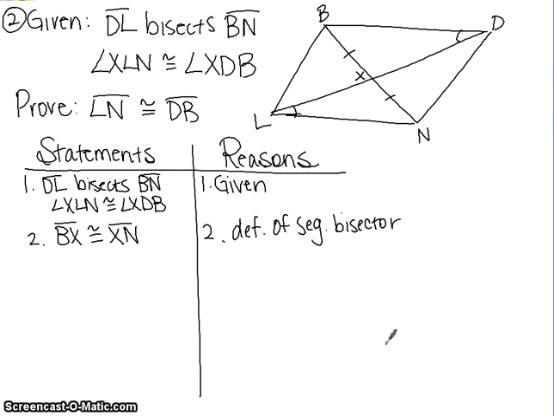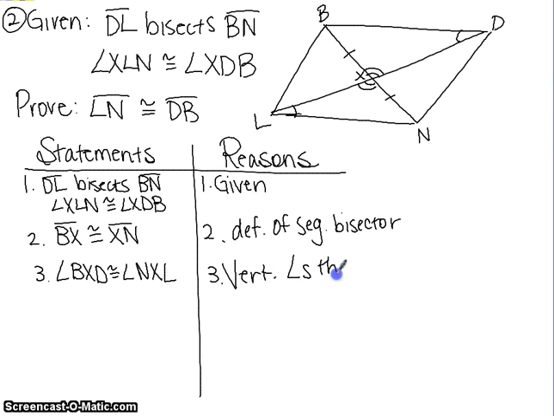So if we look at our picture, we don't really have any other given information to go on, but I don't know how many of you look at the X in the middle and see some vertical angles. Well, I do. So this angle and that angle are congruent. Vertical angles. So that would be angle BXD congruent to angle NXL, and that is the vertical angles theorem.